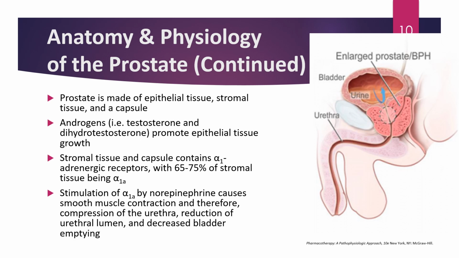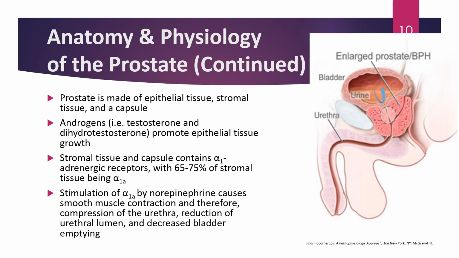To give a little bit more background, the prostate is made of different types of tissues: epithelial tissue, stromal tissue, and a capsule. An important point to remember is that testosterone and dihydrotestosterone, also known as DHT, are androgens, and these promote epithelial tissue growth.